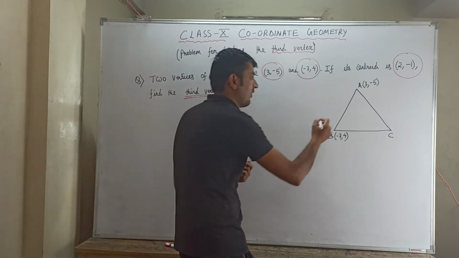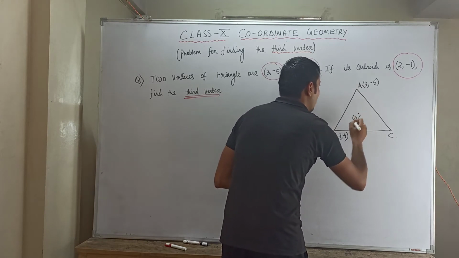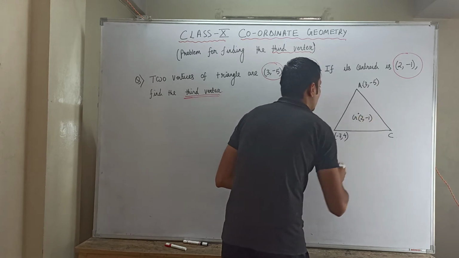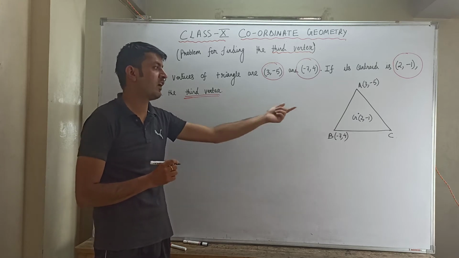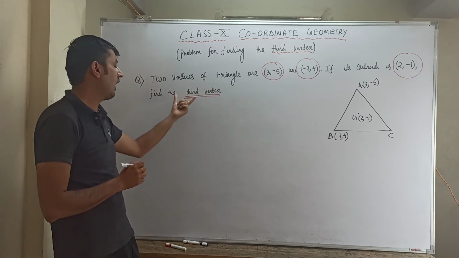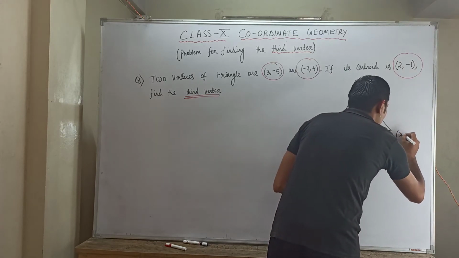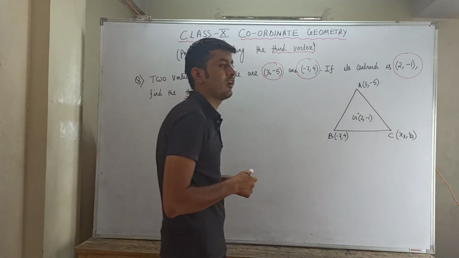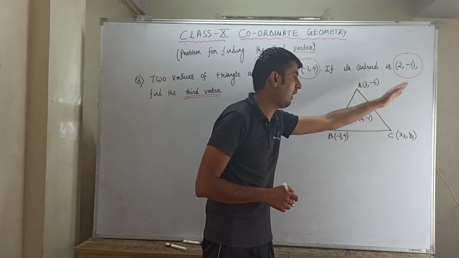The centroid will be somewhere here in the middle. G is the coordinate of the centroid, which is (2, -1). One vertex is not given, C. They ask you to find the third vertex, so I can assume the third vertex to be (x3, y3). Your aim is to calculate the values of x3 and y3.